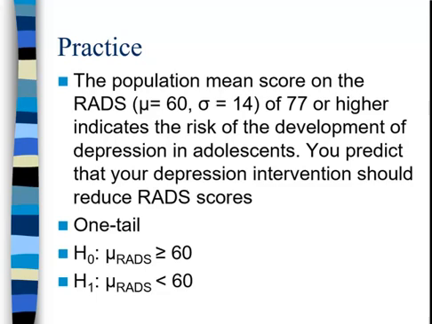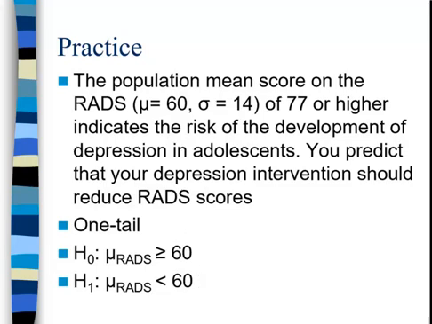But you're making the prediction that your intervention should reduce RADS scores. So your alternative should be H subscript 1 colon, and again, mu RADS. We're saying that the mean RADS score for our sample should be less than, reduced, less than this mean of 60.